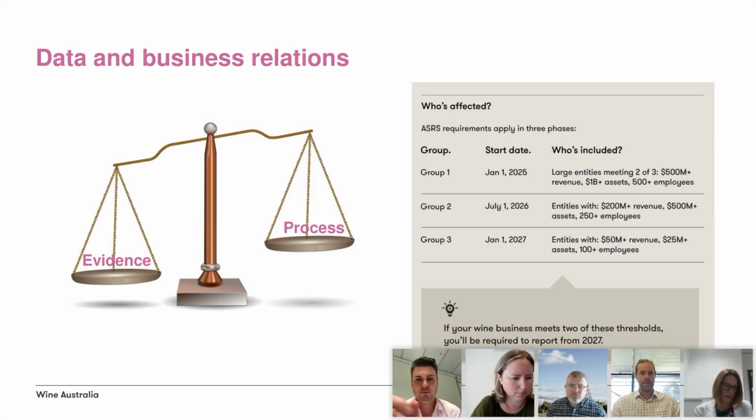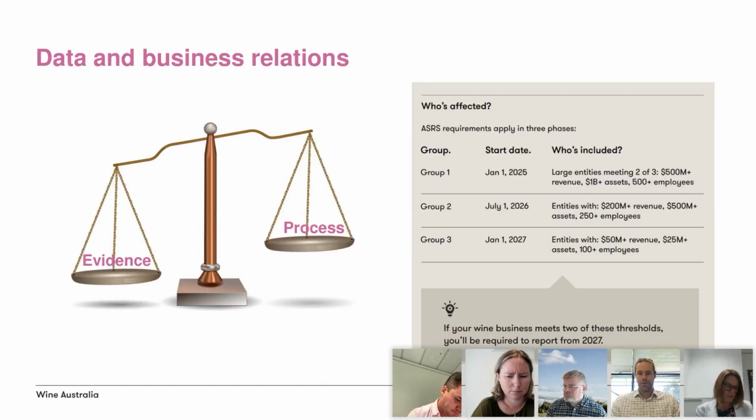And there's really a mutually beneficial arrangement here where both parties benefit. To do that, again, we're moving away from this process-driven, so demonstrating that we have the processes in place to be sustainable, to actually collecting the evidence to prove that we can and we are sustainable.